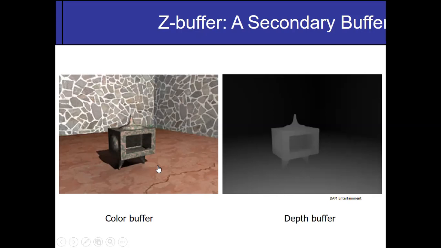One is called color buffer, one is called depth buffer. In the color buffer, however many pixels we have, those pixels' RGB values will be stored in the memory. In the depth buffer, for every pixel, its depth value, that is the Z value, will be stored in this array called the depth buffer.